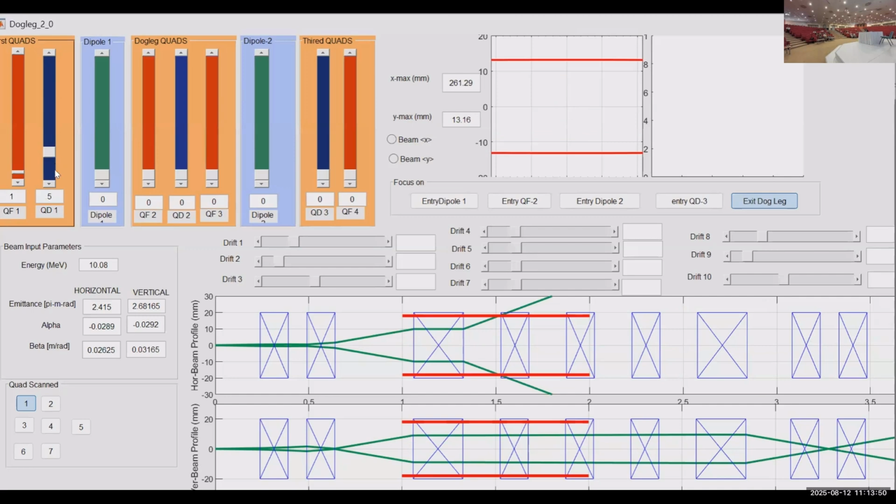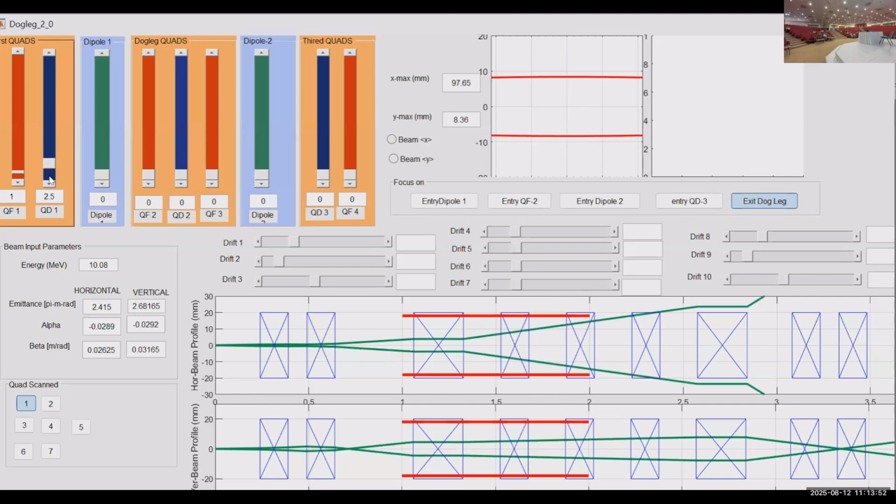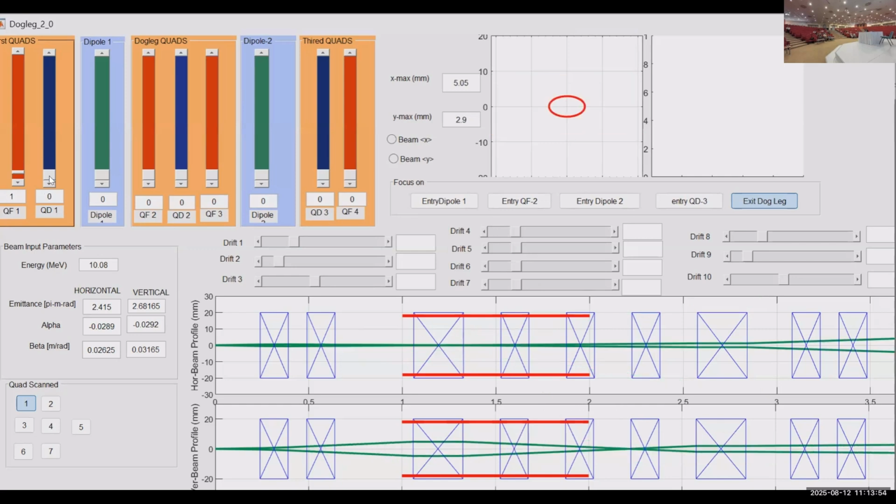I have to adjust the strength of my magnets if I want to focus the beam at a point. I cannot exceed the limits of these boundaries. These are my boundaries, the apertures of the accelerator or the machine which I want to pass through.